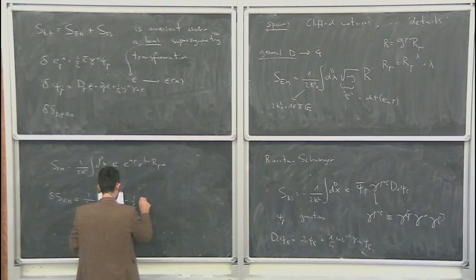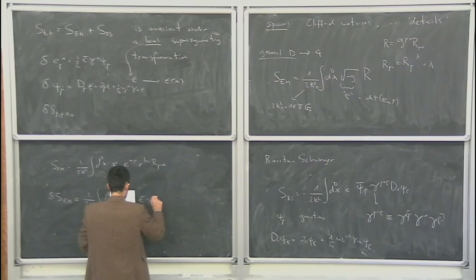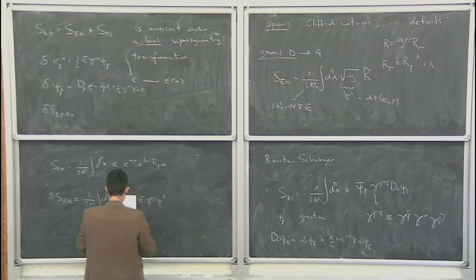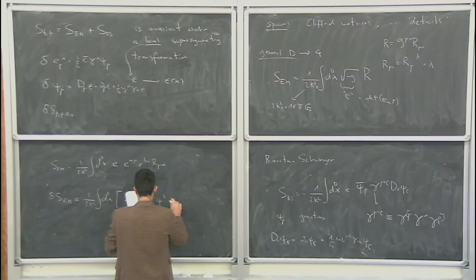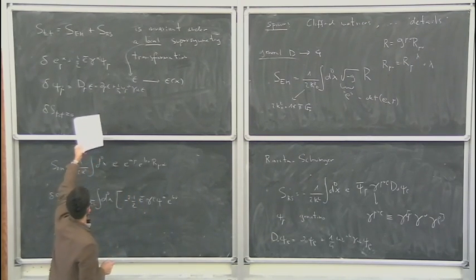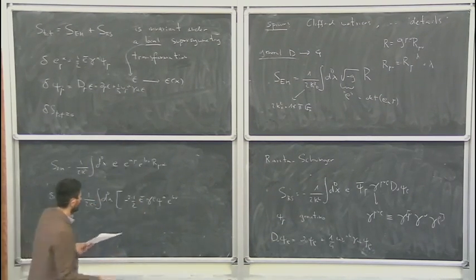So you get this gamma psi B, let's say A, and then e_B^ν. There's also a factor of 2 because you have two terms here.